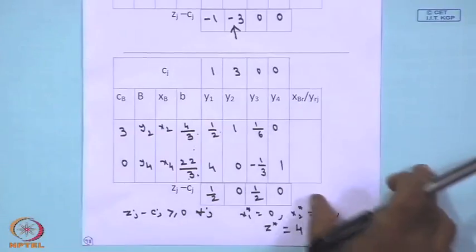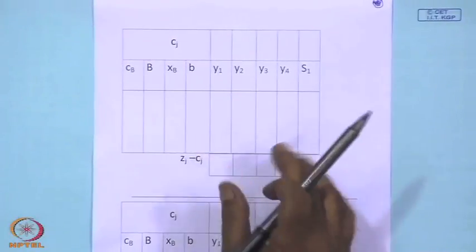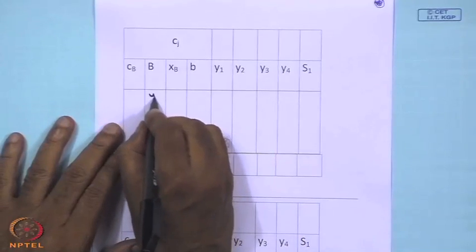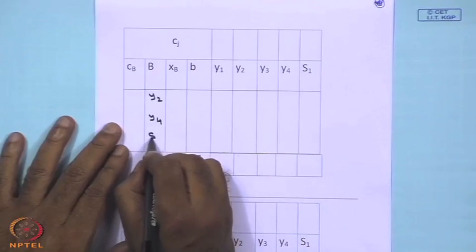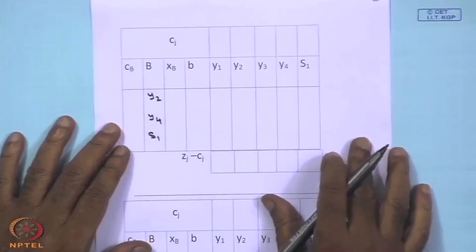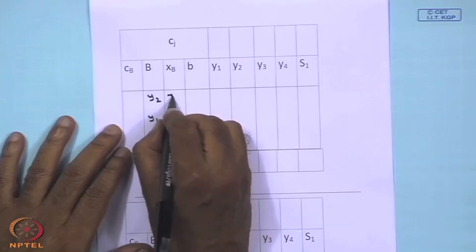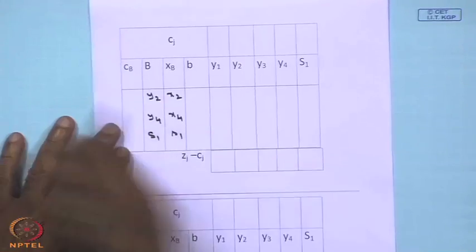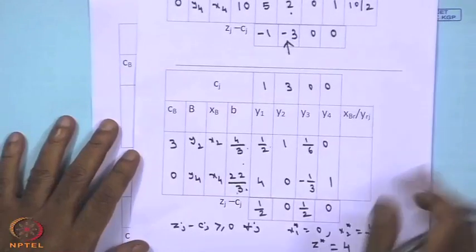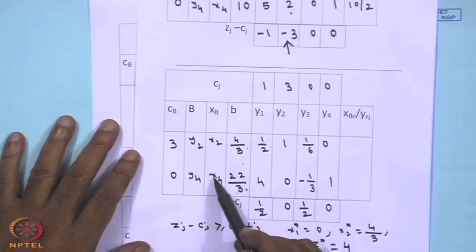So, therefore, if you see in the next table, you were having already y 2, y 4, and one more variable is coming, S 1, and here you are having x 2, x 4 and S 1. So, if you see in the last optimal table, you had two basic variables x 2 and x 4.